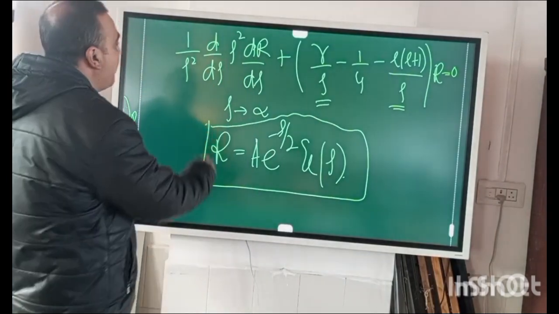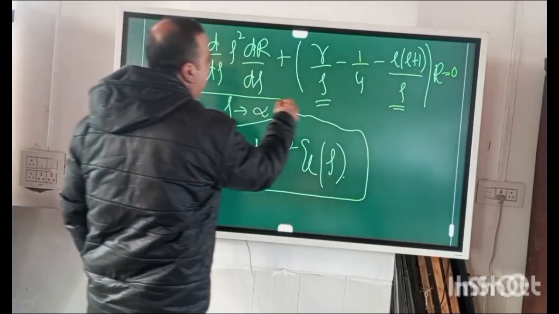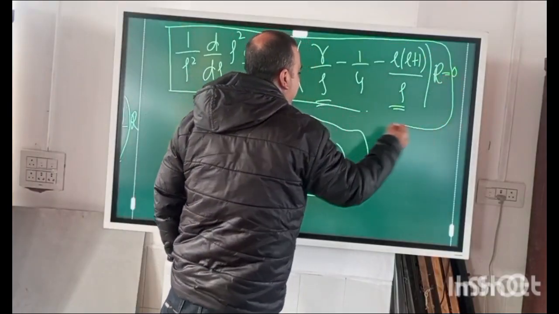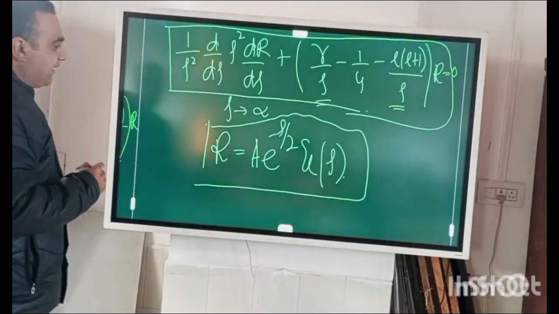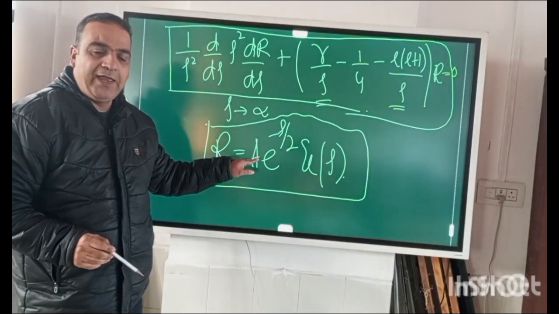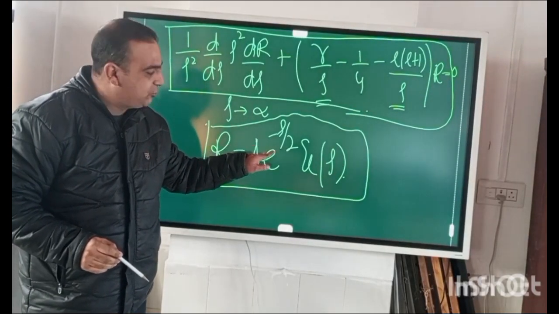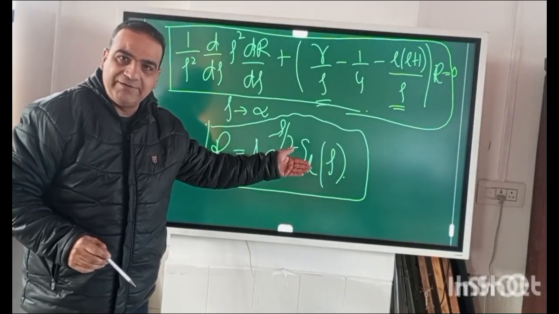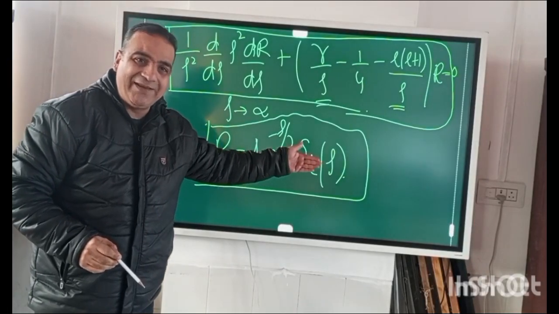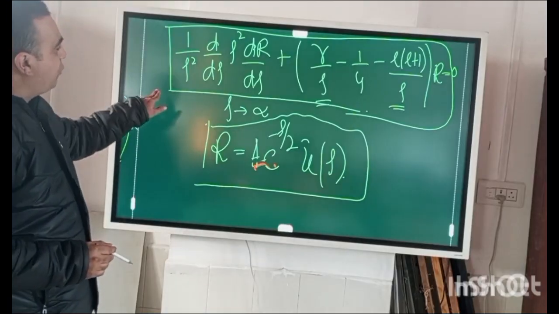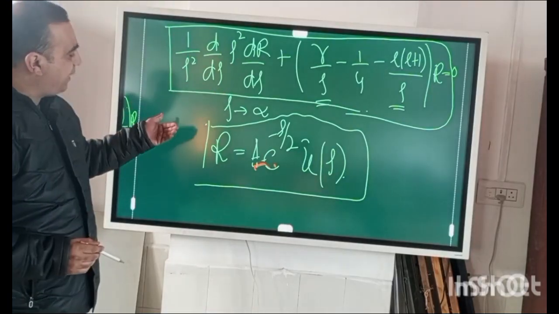So I have this equation, and this is a differential equation, and it has a plausible asymptotic solution r equal to A times e to the power of minus rho by 2 zeta of rho. So I have introduced another variable, but that variable is again dependent on rho. Clear? So let's go with this equation again, and then what should I do?